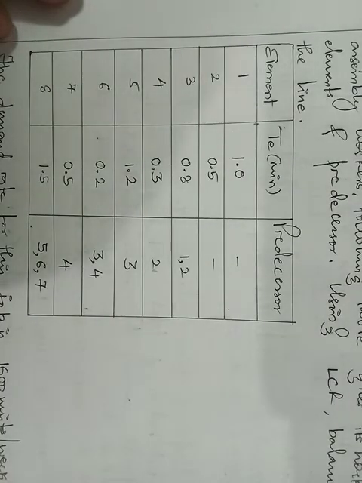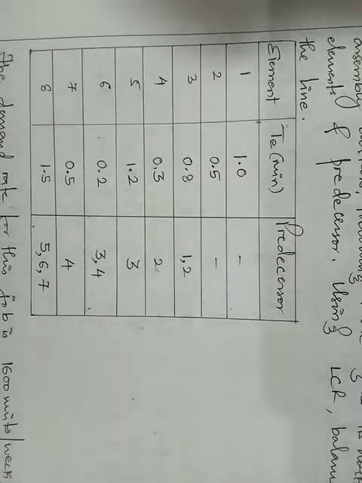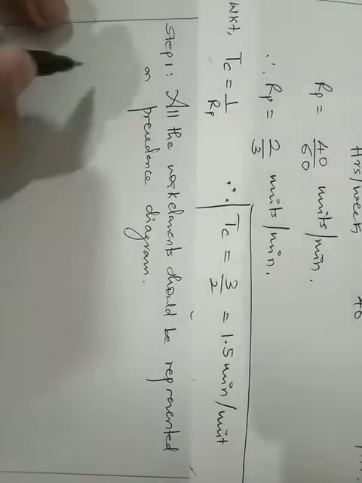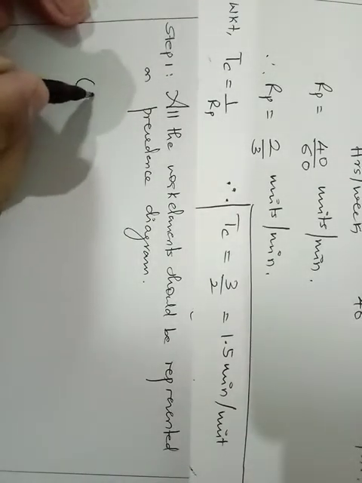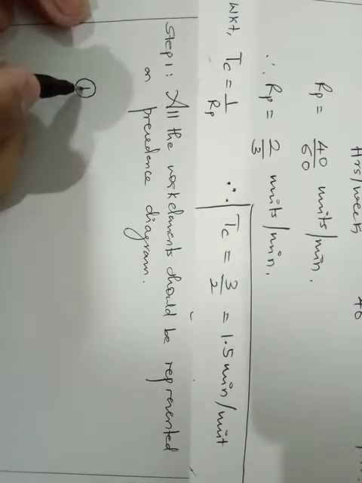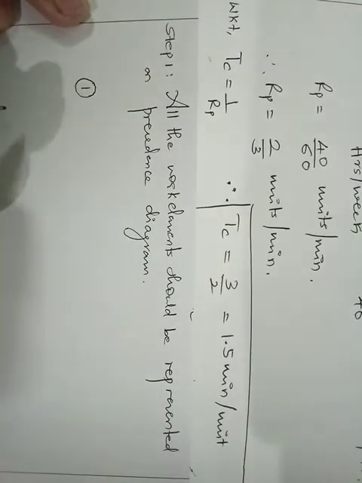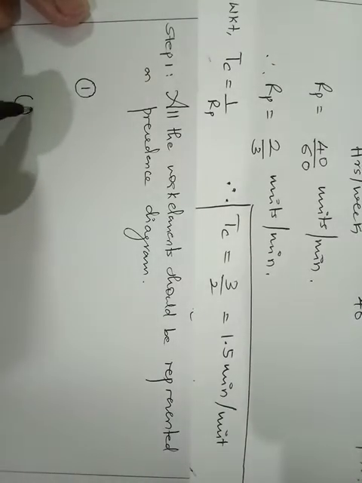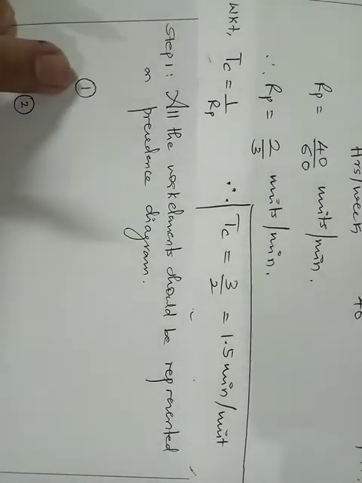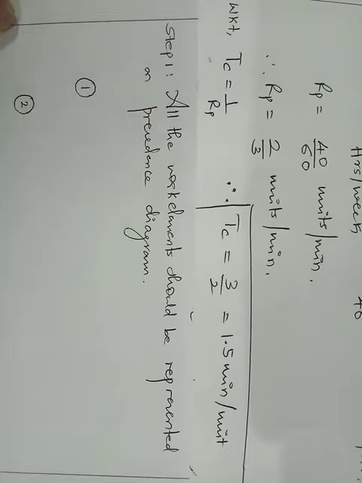So work element 1 and work element 2 are the starters. Let me start with that. I'll take this as work element 1, and one more element over here, which I will call work element 2. Preceding, I have not drawn anything, which means there is nothing behind 1 and 2.